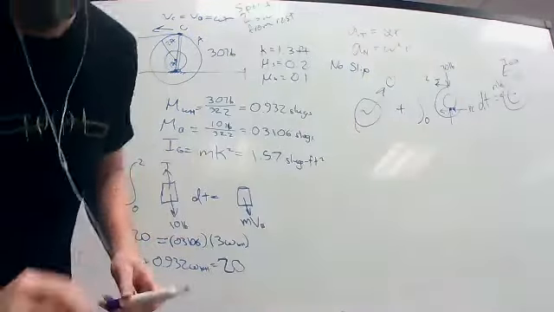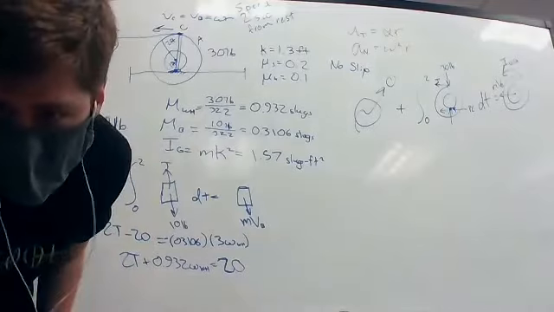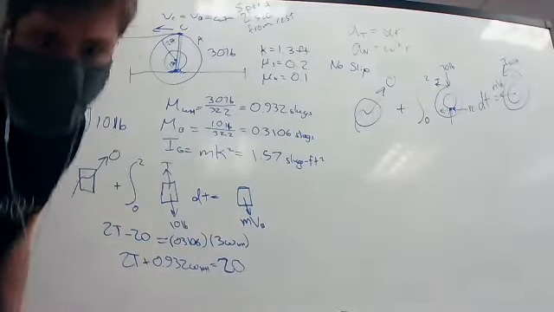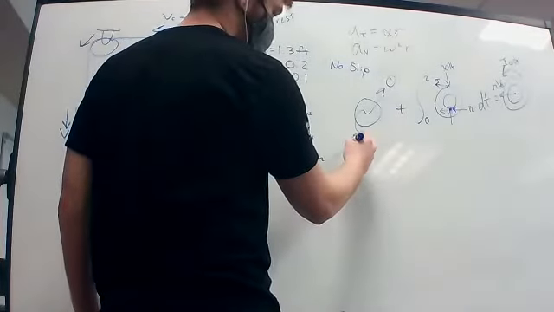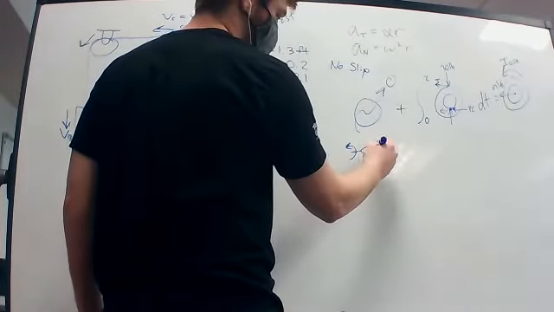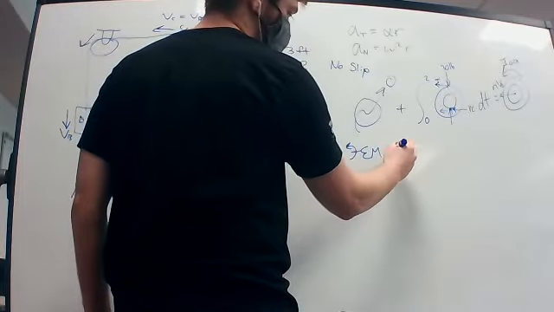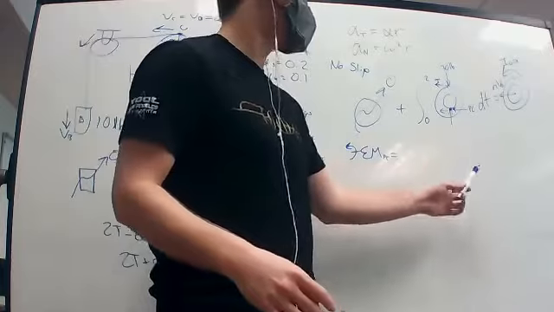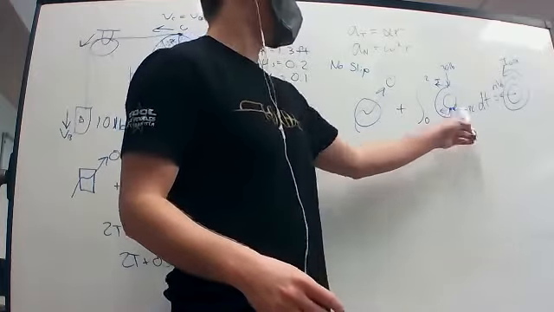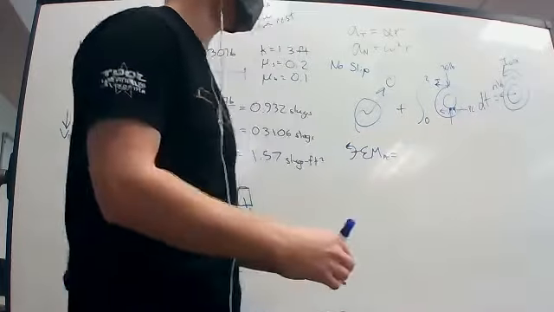So what we can do here is we can say sum of the moment, we're going to use counterclockwise as positive. We're going to say sum of the moment about the point of contact. And what this does for us is it allows us to get rid of friction, which we just don't really want to worry about.